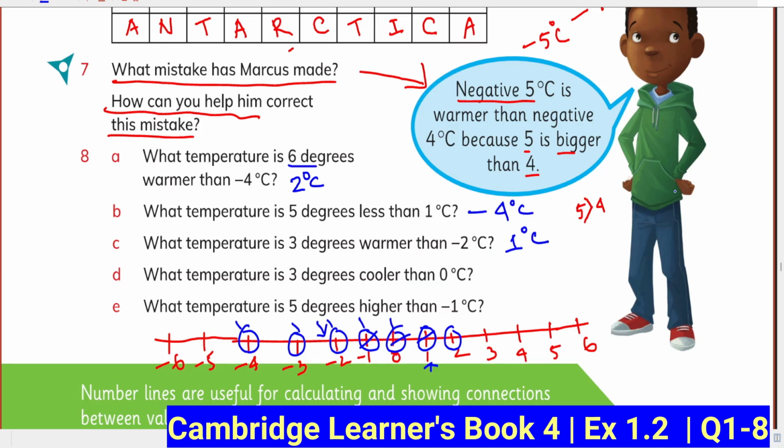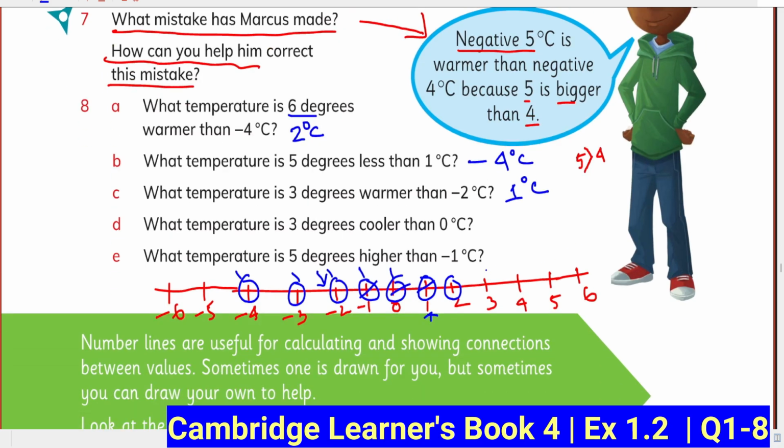So it should be a good thing if you know about the straight line. Okay, what temperature is 3 degrees cooler than 0? Cooler means the colder part, so here is a 0 and it will be on the negative side. 3 degrees, 1, 2, 3, it means here should be minus 3 degrees Celsius, right?